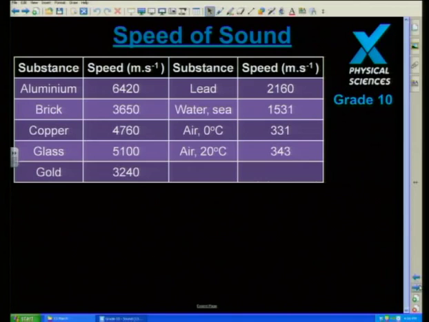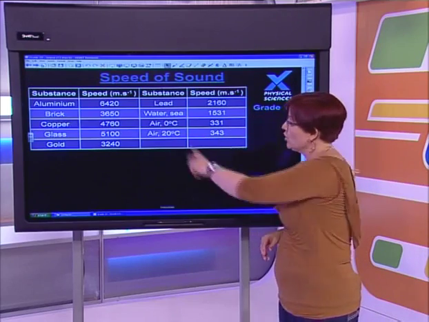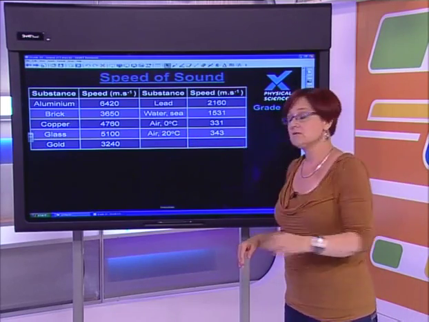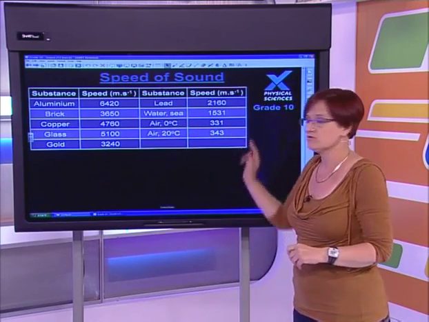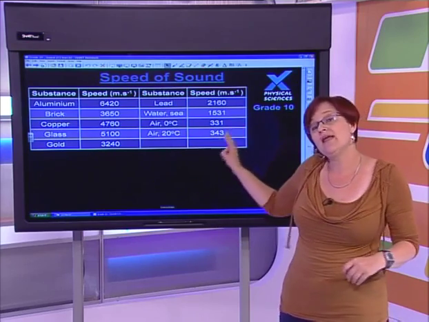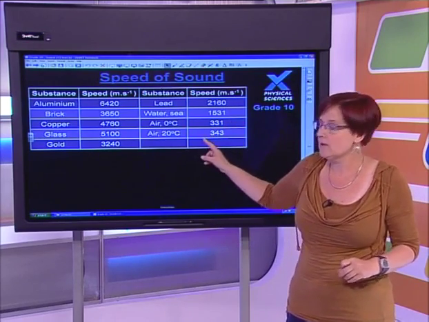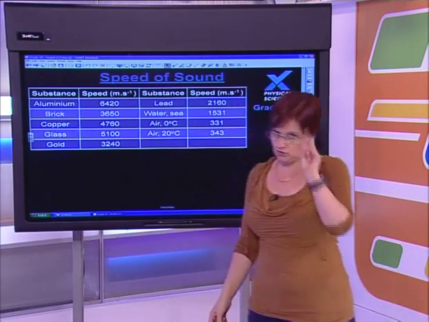In seawater, now we get into liquids, it's only 1,530, so it's quite a big drop. And then we get to air. But if you look at the table really closely, you'll notice that I have two parts: one at 0 degrees, which is 331, and one at 20 degrees, which is 343. That's really, really important.